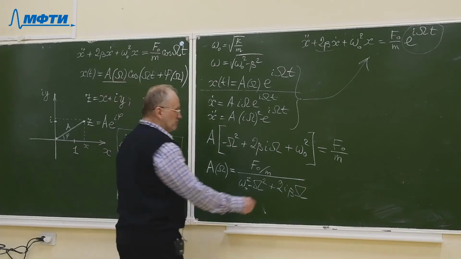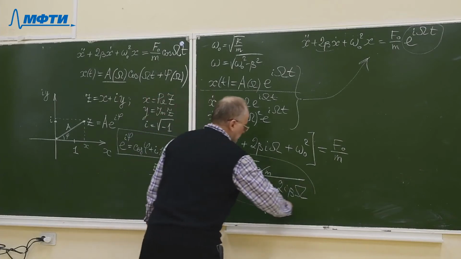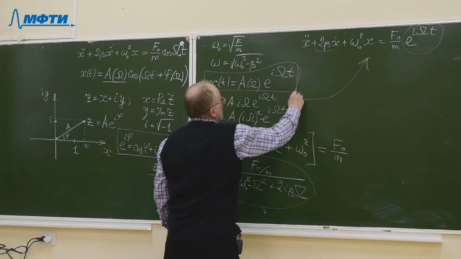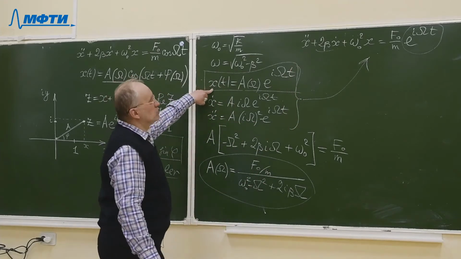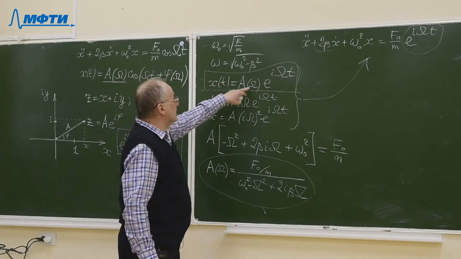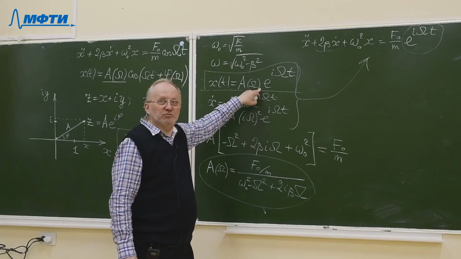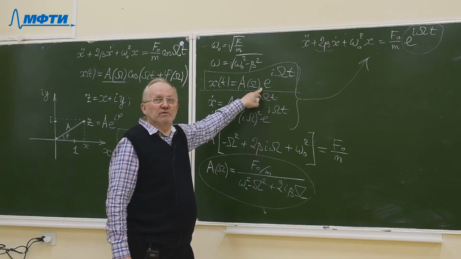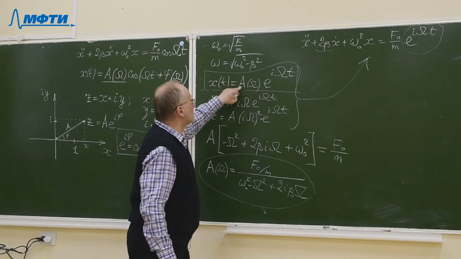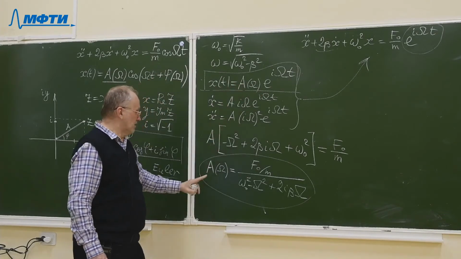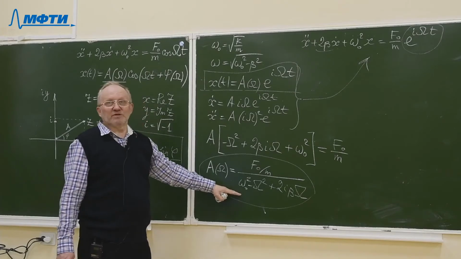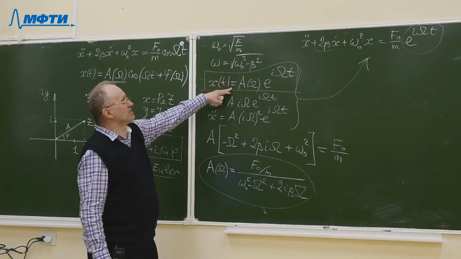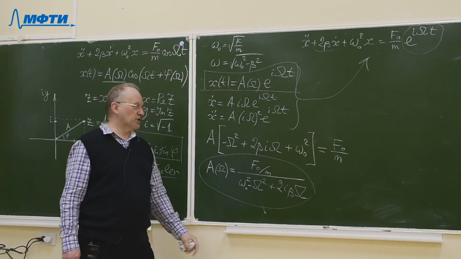So what does this result mean? This result means that the function we were trying to use as the solution to this equation can sometimes be actually a solution, but not always. It will be a solution if this coefficient A is defined by this formula, because we have found this formula from demanding that this will be a solution to the differential equation.